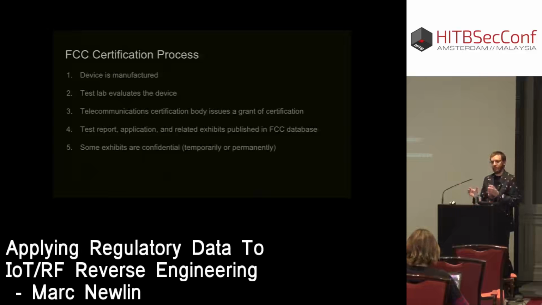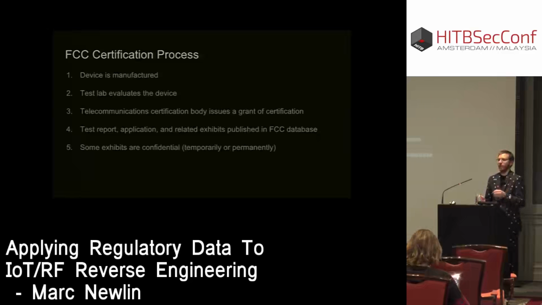And then the test lab generates a test report. That then gets sent to a telecommunication certification body, which says, did this test lab do everything correctly? Did they follow the procedures, and so forth? That then gets sent to the FCC if everything passes. They get an FCC ID, and all these documents get posted online. The FCC website makes these available, and then we can use those as a great source of information.